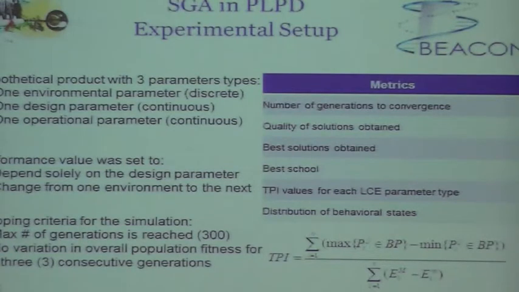You will see that the Trait Performance Index, ideally, is a metric that we want to use in order to assess whether a parameter should be kept by the designer as a design parameter, or if a parameter that the designer wanted to keep as a design parameter should be changed to an operational parameter, depending on the impact that it has on the performance of the product.